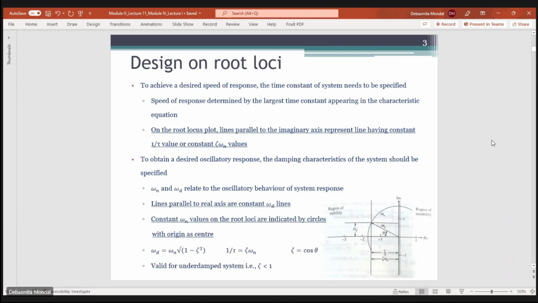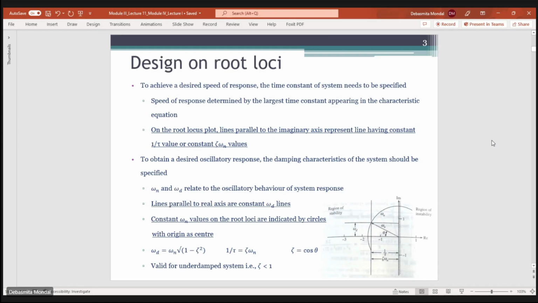Our main concern was, given the open loop pole and zero information, how we can find the location, or the path, of the closed loop poles and zeros of the system if we change the overall system gain. That was the main idea of drawing the root locus.